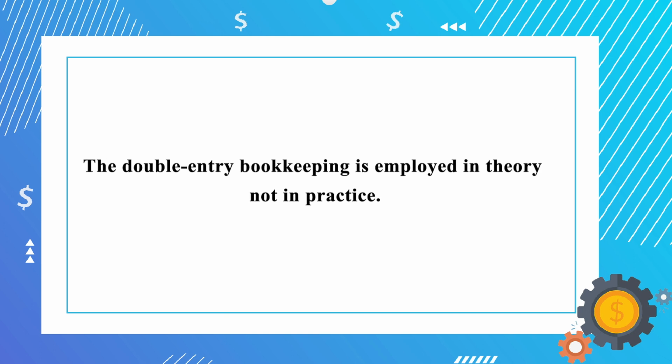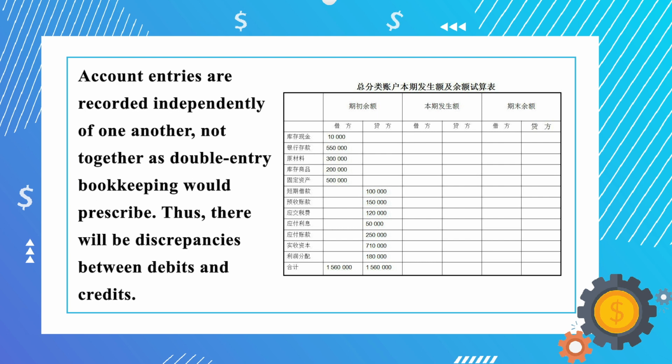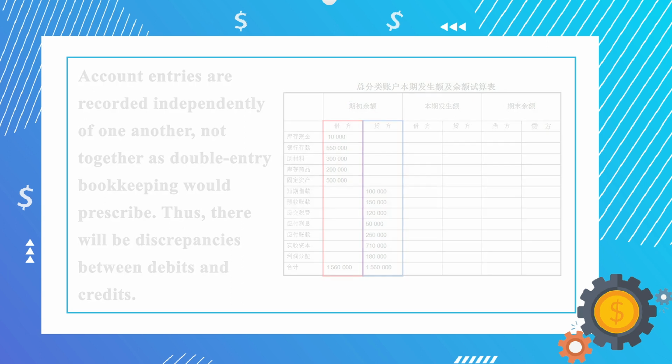As we have already learned, double entry bookkeeping is employed in theory, not in practice. Account entries are recorded independently of one another, not together as double entry bookkeeping would prescribe. Thus, there will be discrepancies between debits and credits.